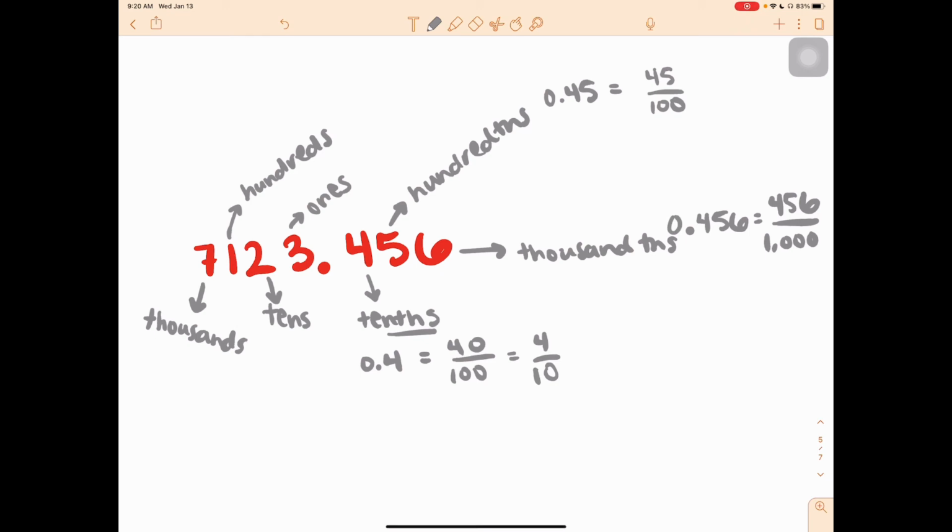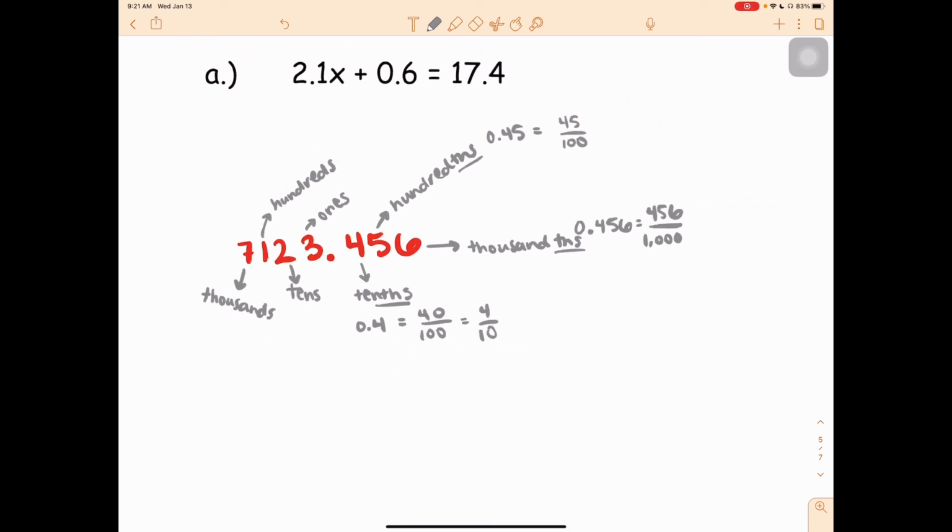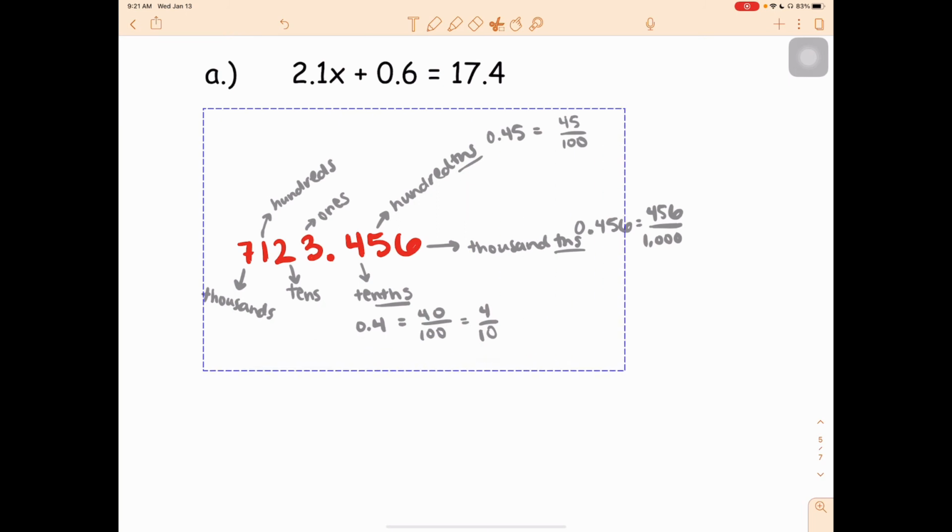Okay, thousandths. All right, so these are very important for you guys to remember, because place value is so important for you to understand how to really manipulate equations to make them easier for you to use. Okay, so let's see what we can do here. I'm going to go ahead and erase this, right?